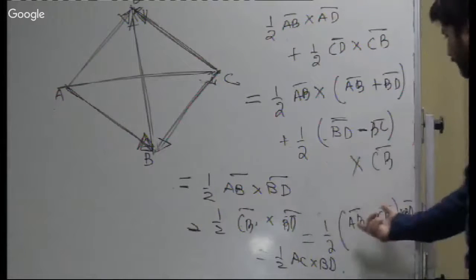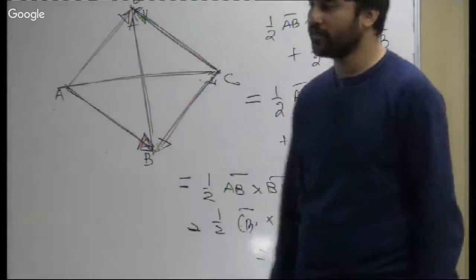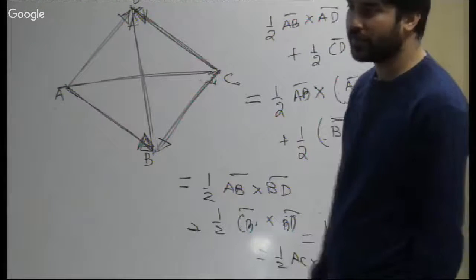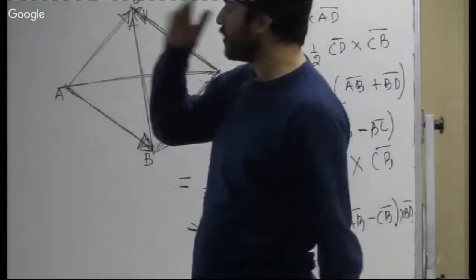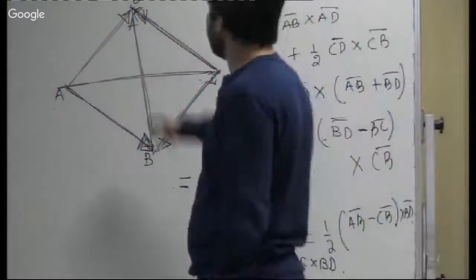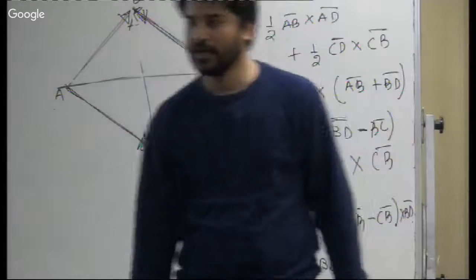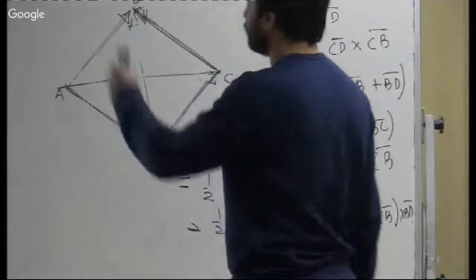So I got this thing, and then we simply did the vector addition. Right? Any problem till here? No. So for any quadrilateral, you need to find the area by cross multiplying the diagonals into half. Clear?